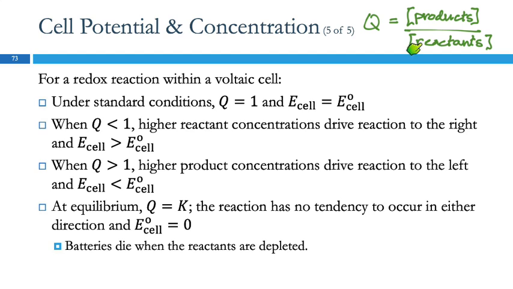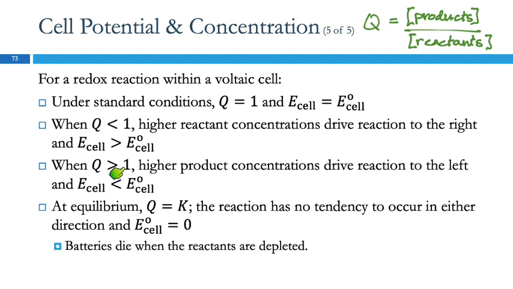Because we've got extra reactants, it's going to go to the products. It's very confusing. So then we've got higher reactant concentrations. The reaction is going to go to the right towards the products, and the cell potential is going to be larger than the standard cell potential. You follow that, kind of?